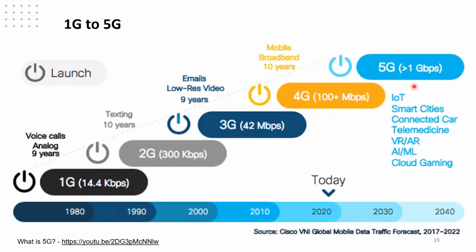The bandwidth has increased. At the very early time, only a small bandwidth was there, and you could take only voice calls, and then it improved to text, then to sending emails and low resolution videos. And now, with 5G connections, we can even connect with different networking devices and facilitate a lot of activities.